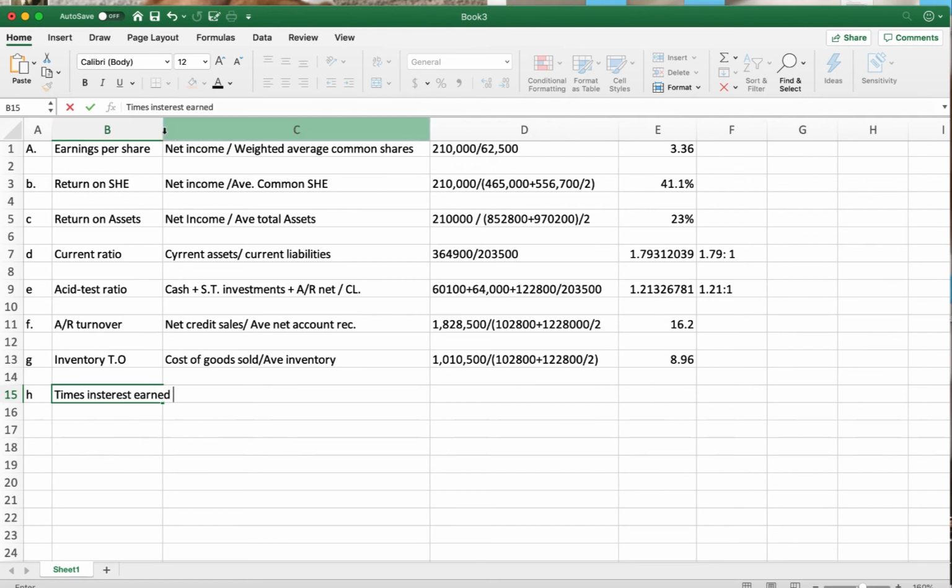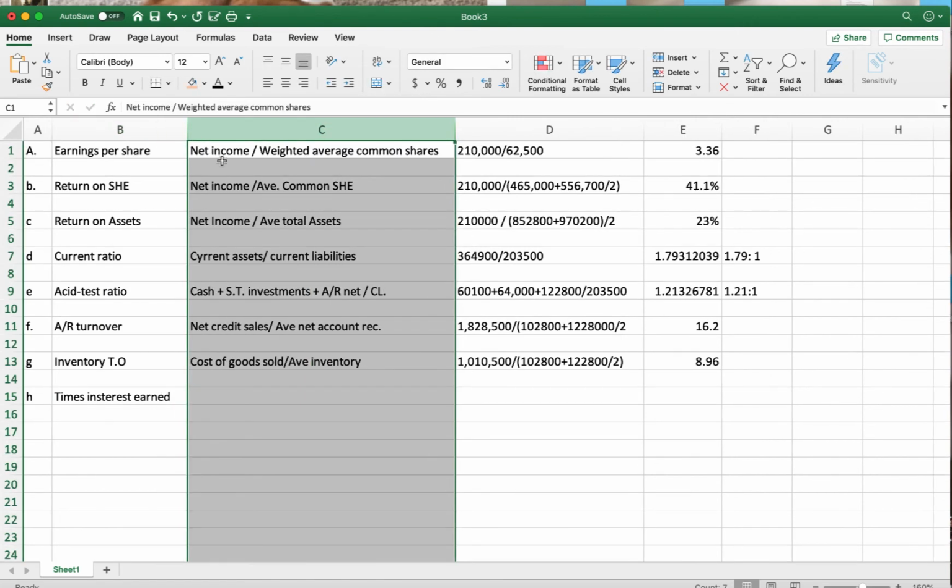Okay, and if we're trying to figure out what the times interest earned is, we're basically looking for what our EBIT is, right? And we divide it by our interest expense. So how do we find out what our EBIT is? Well, that's really easy. It really is, right? They don't give it to us in the problem, but we can calculate it.